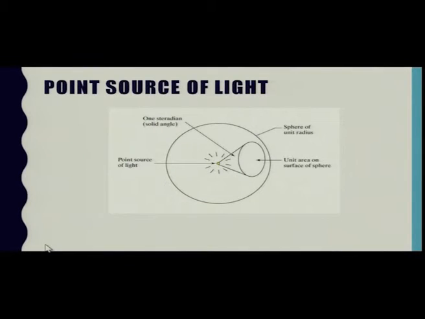So now let's have a clear understanding of what this solid angle is. Take a point source of light at the center of a sphere, let's say of unit radius, shown with a solid angle of 1 steradian which intersects the surface of the sphere to create an area of 1 square meter.